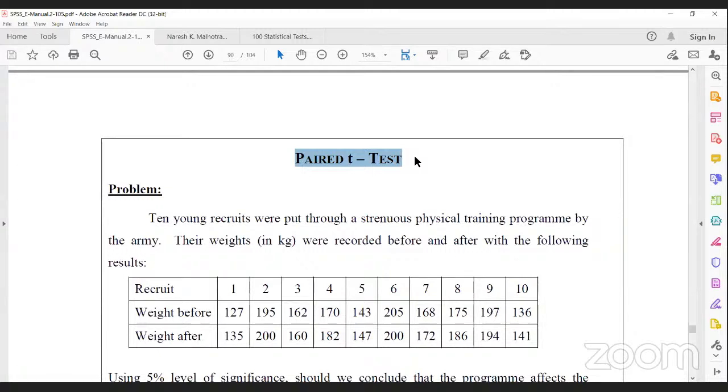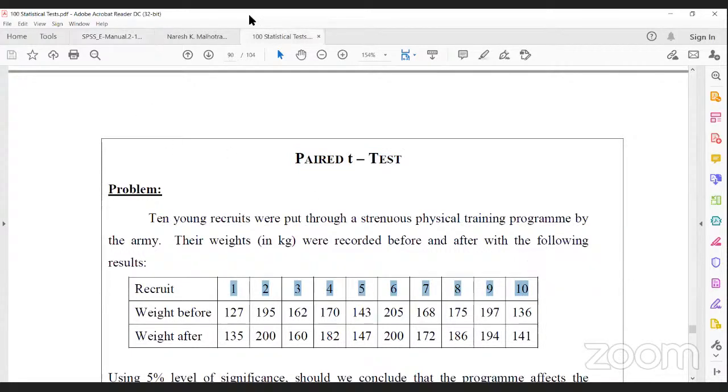You are repeatedly conducting the same experiment at different time periods. There comes the picture of repeated measures ANOVA. Keep that in mind. When you are dealing with more than two groups like this, you use repeated measures ANOVA, with the same testing conditions and the same place. Now, this is the problem we have taken.